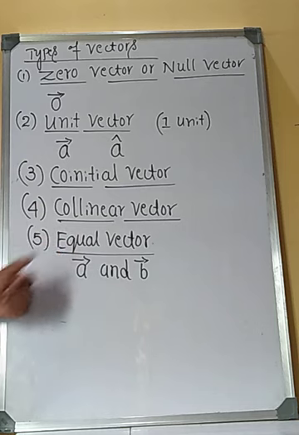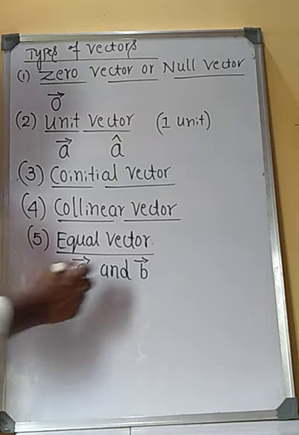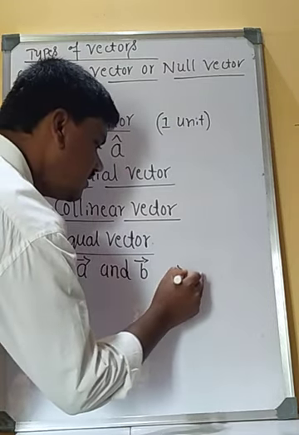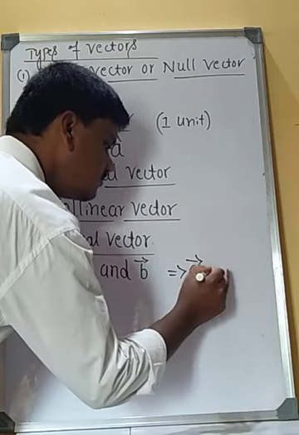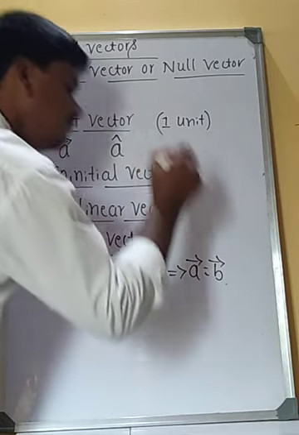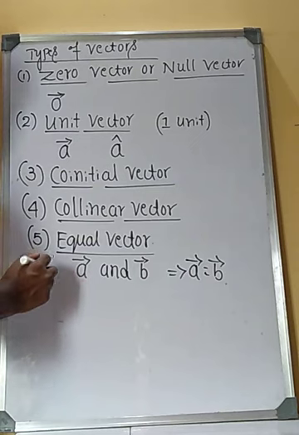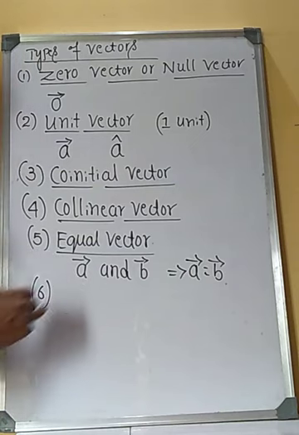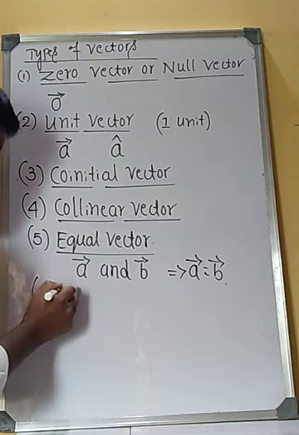That is called an equal vector, and it is written as vector A is equal to vector B.